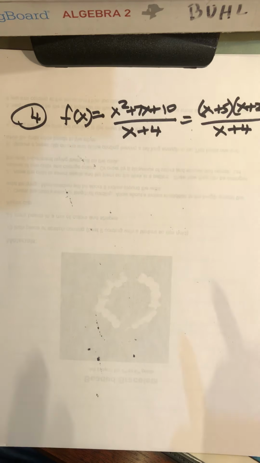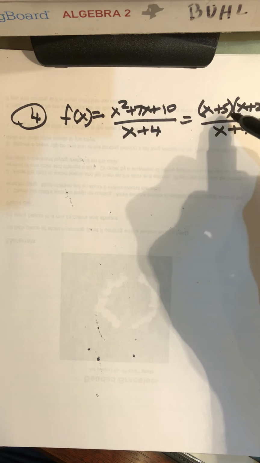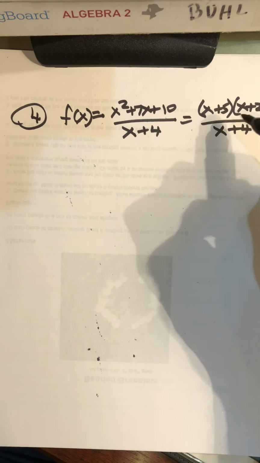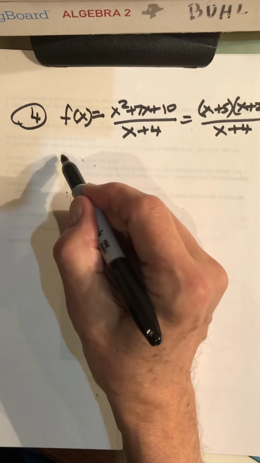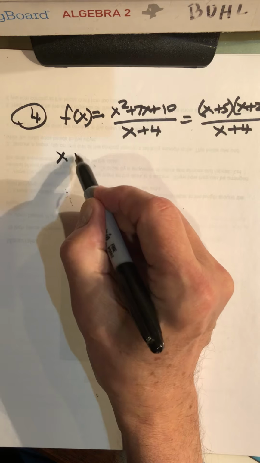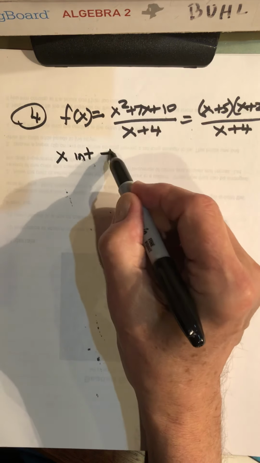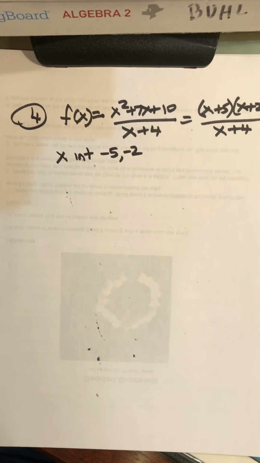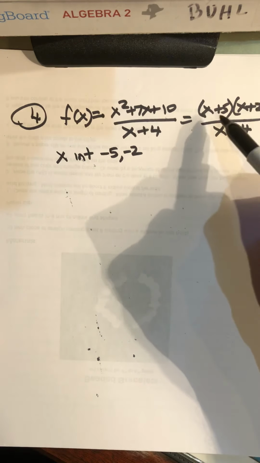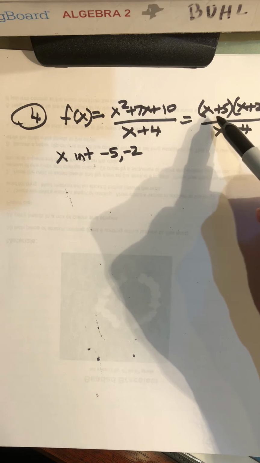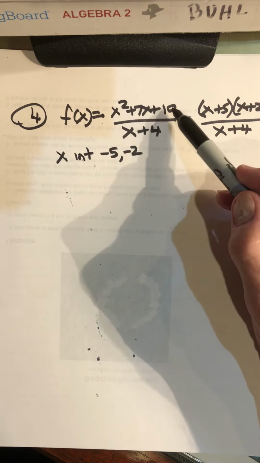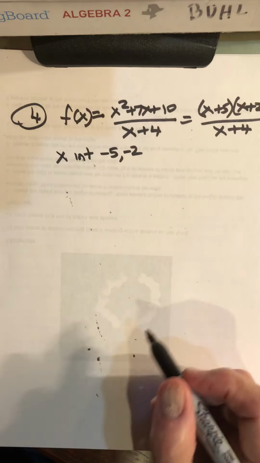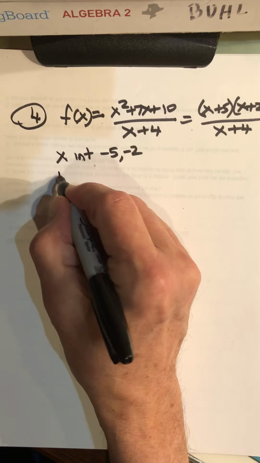Okay, well, that means I've got x-intercepts at -5 and -2. What about the y-intercept? That's when x is 0. Well, if x is 0, that's going to mean this is just 10 over 4. So that's 2.5.